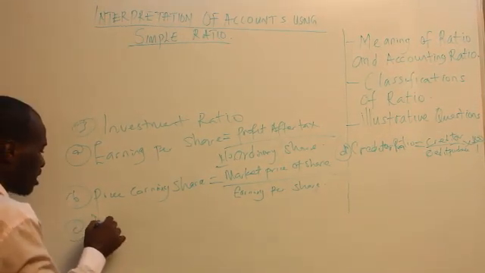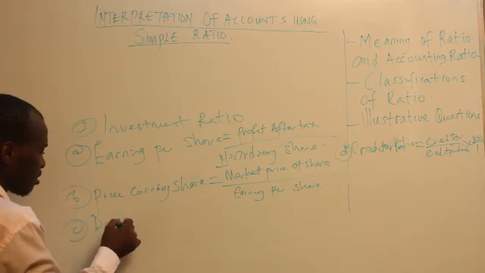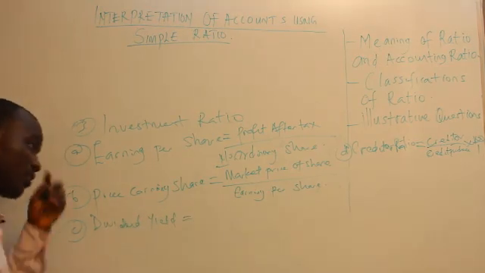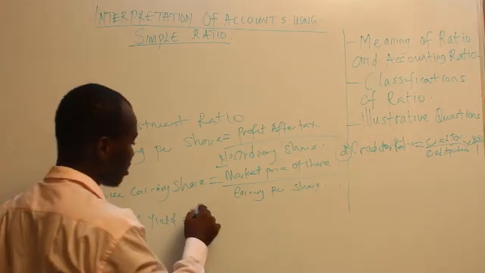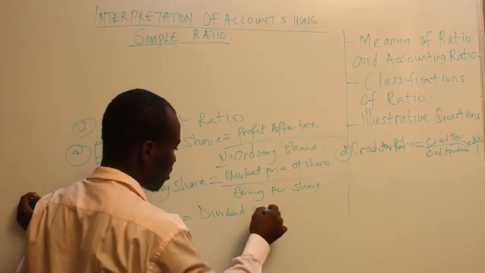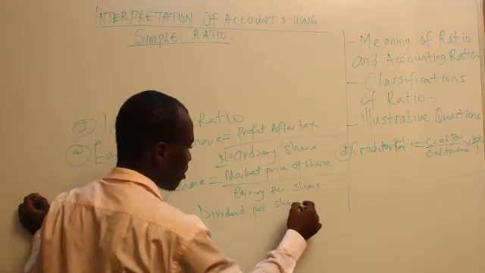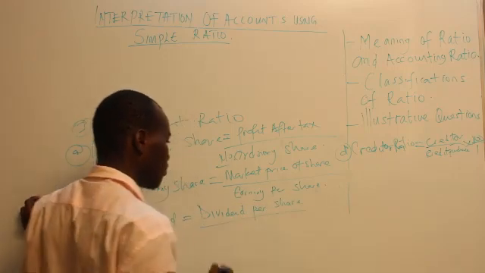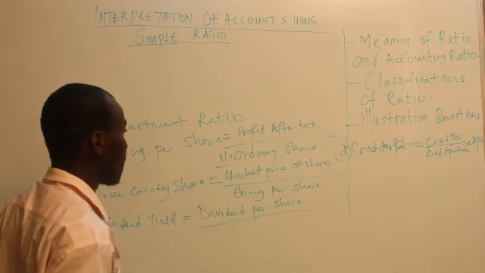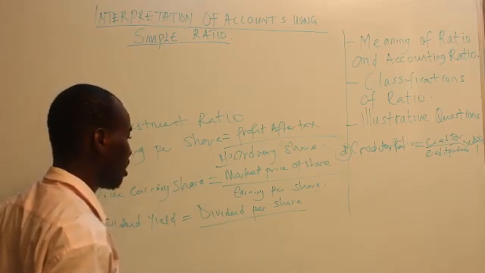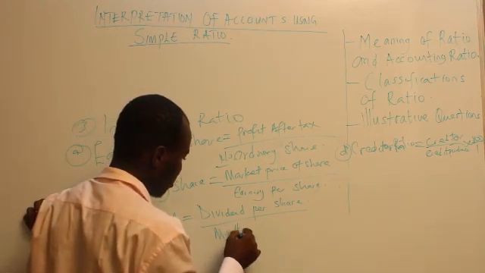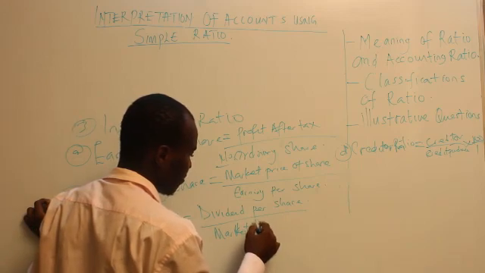Now we have the dividend yield. That will be the dividend per share, what the company offers per each share, over the market price of shares.